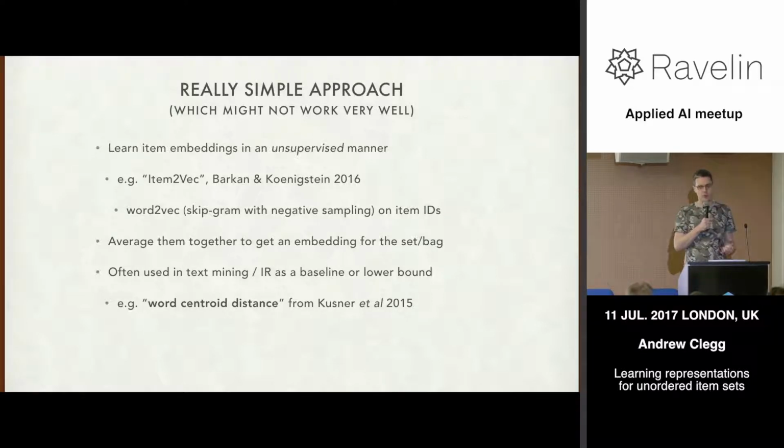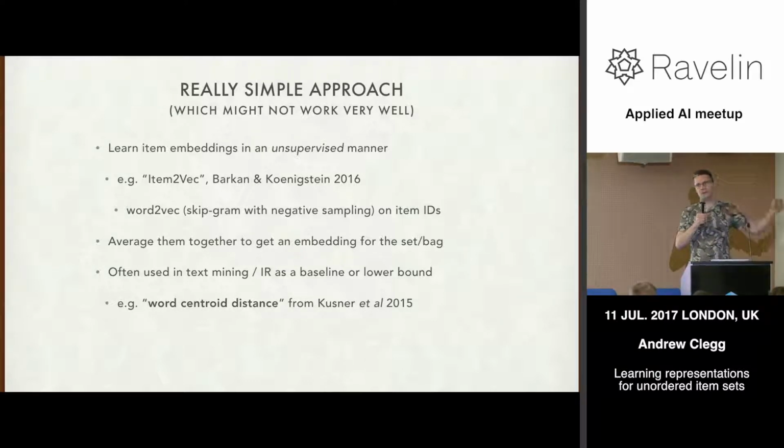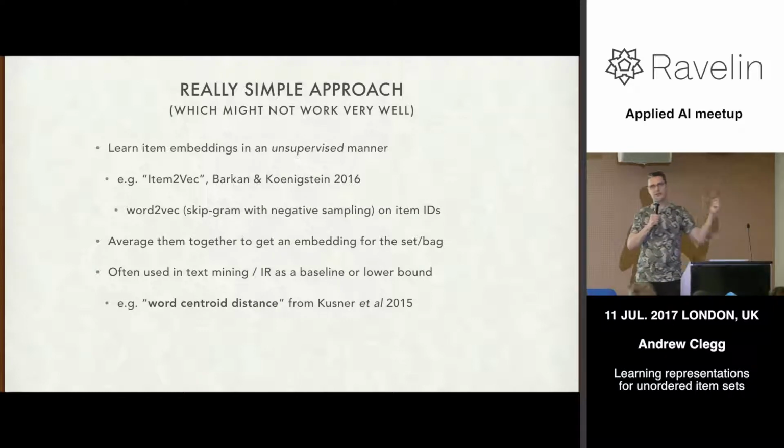So for example, there's this paper about something called the word mover's distance for calculating semantic distances between sentences, and they start off by calculating the word centroid distance, where they just get the embeddings for the words in the sentences, average them together, and calculate a rough distance between sentences based on the differences between the centroids of the words in each sentence.